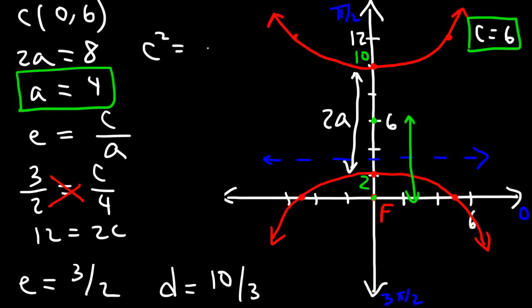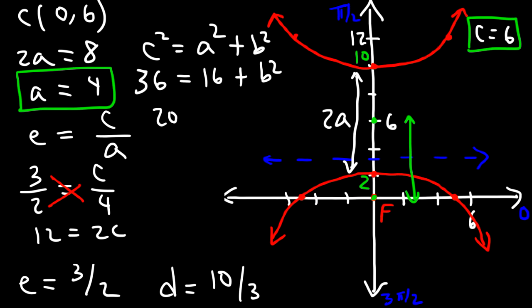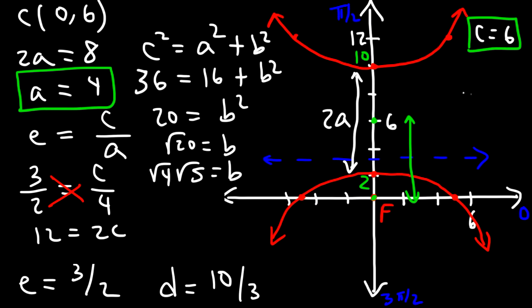For a hyperbola, c squared is a squared plus b squared. Since c is equal to 6, c squared is going to be 36. And since a is 4, a squared is 16. So b squared is 36 minus 16, which is 20. And so b is going to be the square root of 20, which is the square root of 4 times the square root of 5, and the square root of 4 is 2.